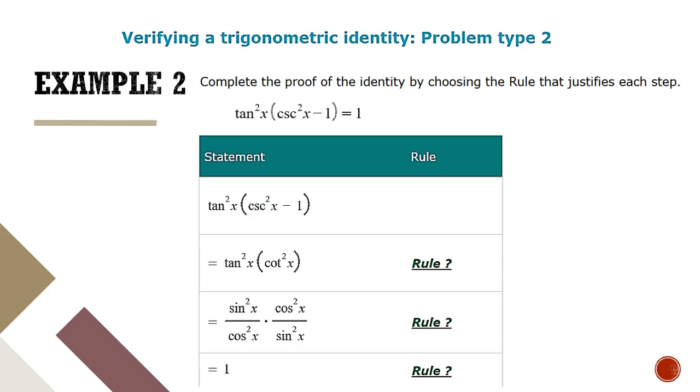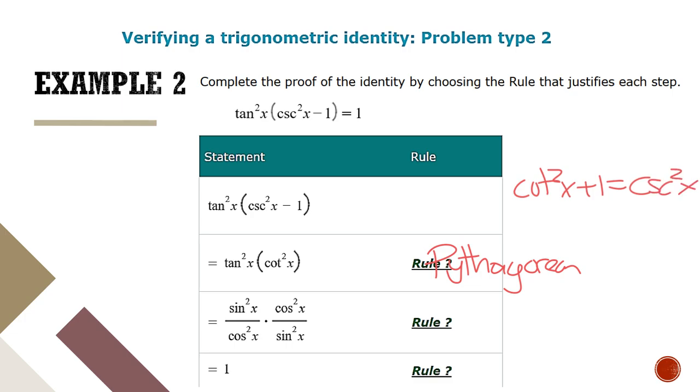So we're substituting that in. Again, we have that cotangent squared of x plus 1 is in fact equal to cosecant squared of x. And if we just subtracted the 1 over, we get cosecant squared minus 1, and then we can substitute it in to get cotangent squared.